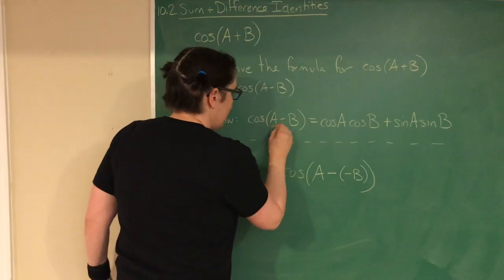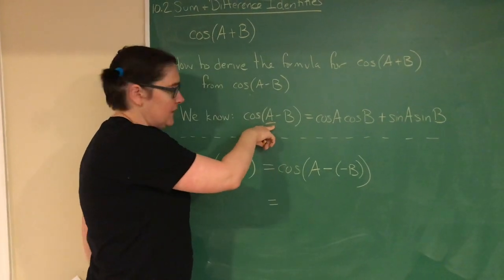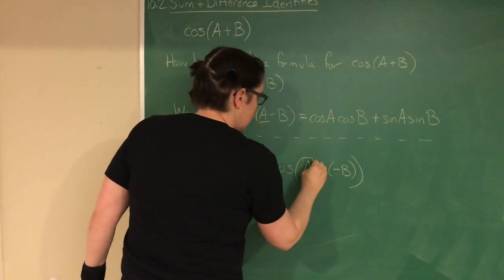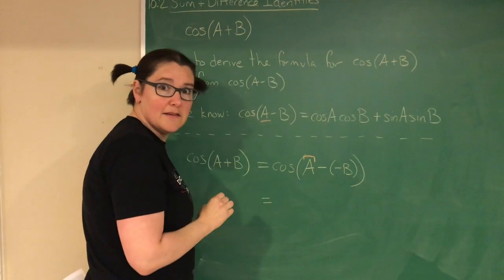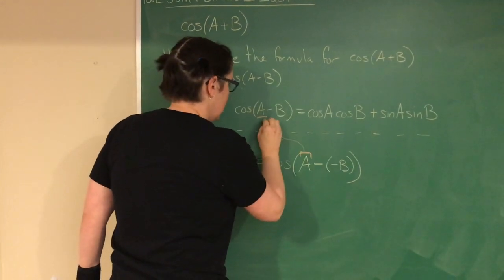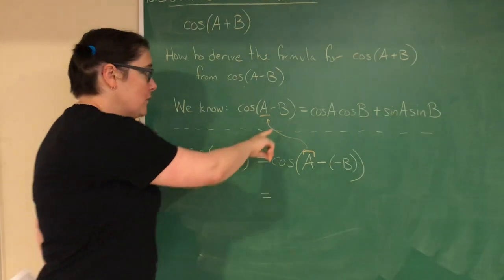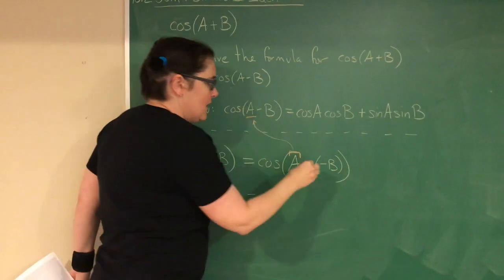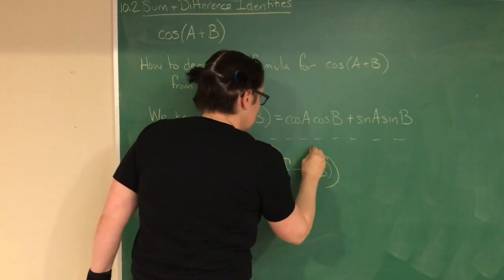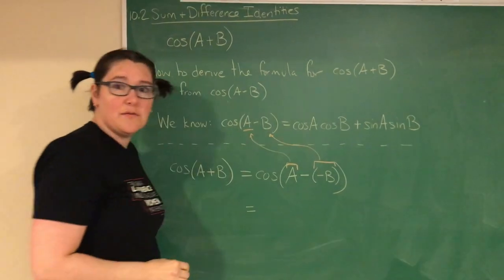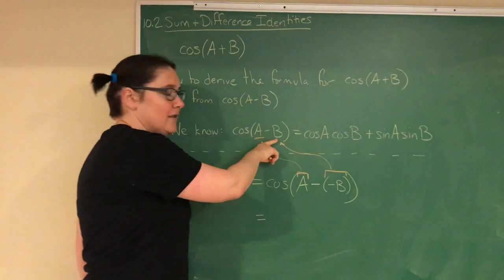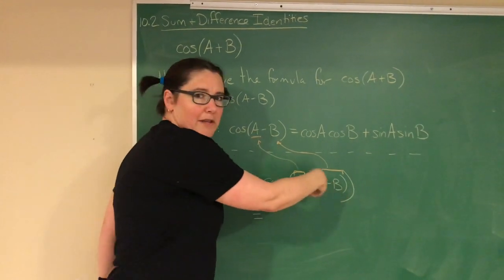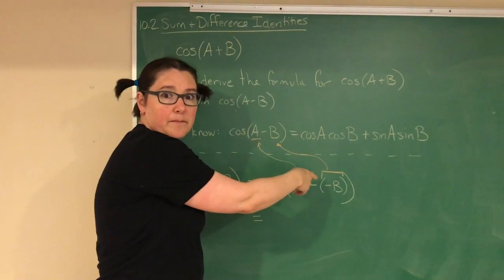The role of a in our formula that we know is going to be played by a down below. But everywhere that I see a b up in the original formula, I'm going to replace that with a negative b, because the role of b in the original formula is now being played by negative b.